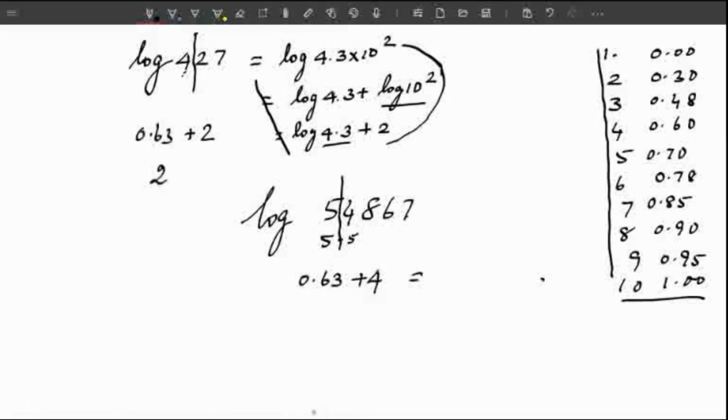The answer would be 2.63. What is the correct answer for log of 427? The correct answer is 2.630, but our answer is 2.63. Therefore, that can be done.